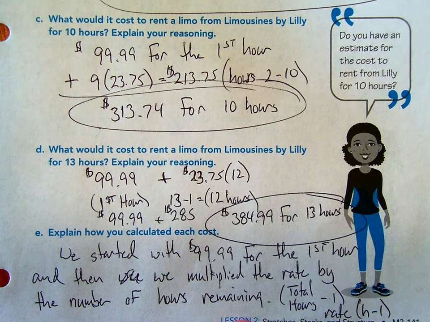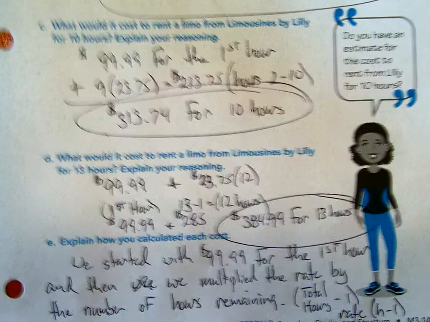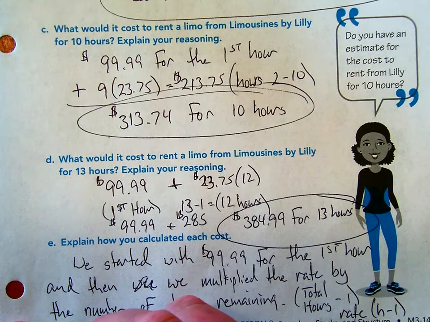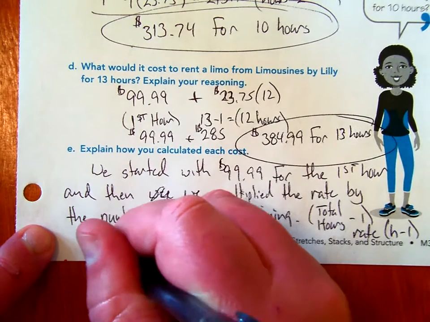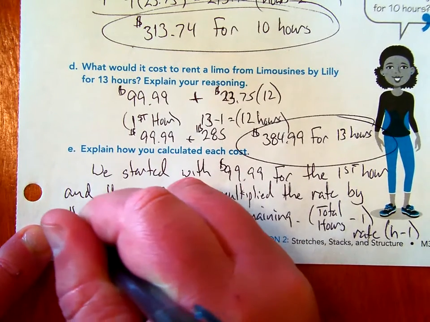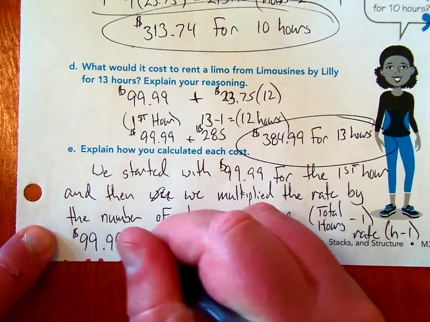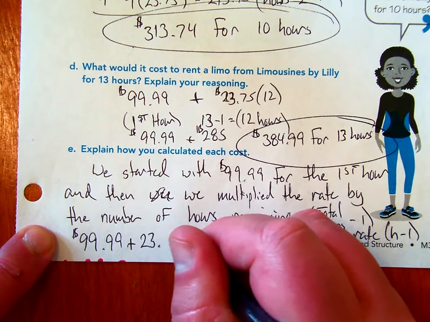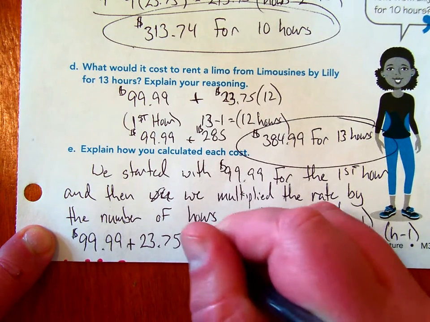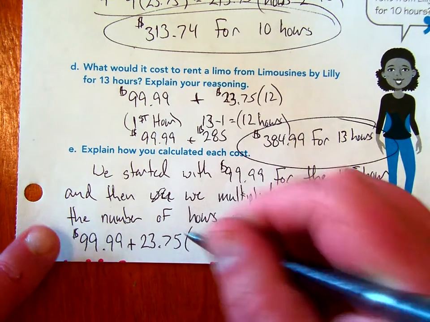So it would look like just like that. In this case, 99.99, that's her first hour, plus her rate, 23.75, times the total number of hours minus 1.